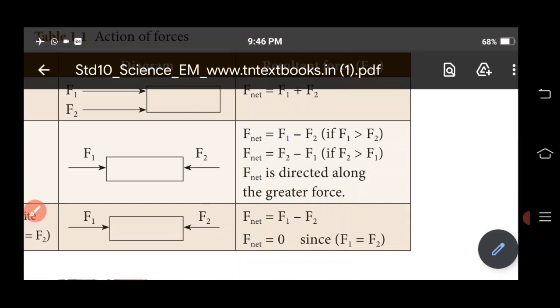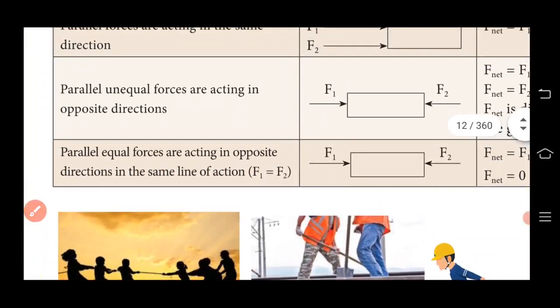And then the third one is parallel equal forces acting in opposite direction in the same line of action. Nothing but the forces are acting in opposite direction but equal.